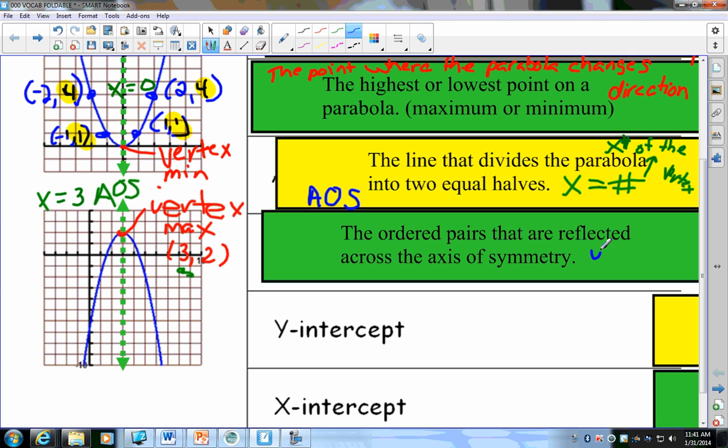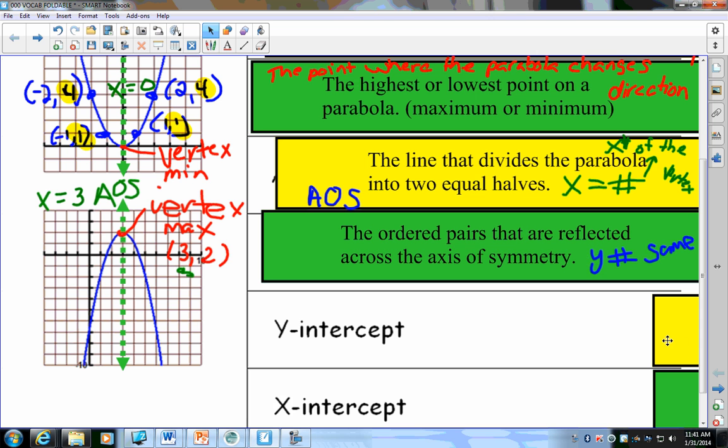Okay, writing with a right-handed mouse is tough when you're left-handed. All right. The y numbers are the same in an ordered pair when they're symmetric points, and you'll see that in just a second.